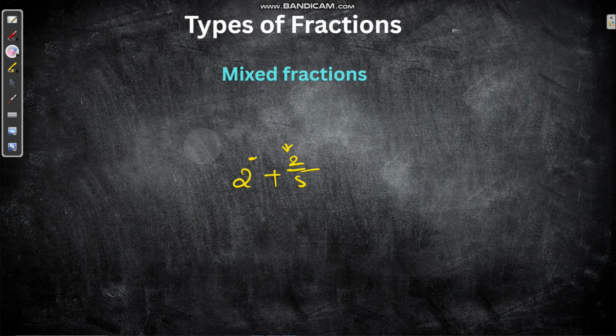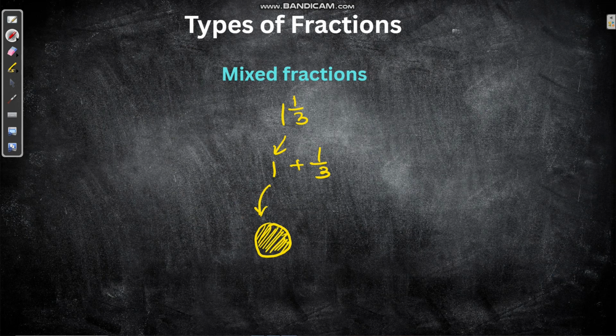Now how do we represent, or what is the meaning of mixed fraction? For example, if I take 1 by 3, so the meaning is 1 whole plus 1 by 3. So how can I draw this figure? So this is nothing but 1 whole. So I can take one entire circle. I'll shade this because that's 1 whole plus 1 by 3 means, first of all, it is one shaded part out of 3 total parts.